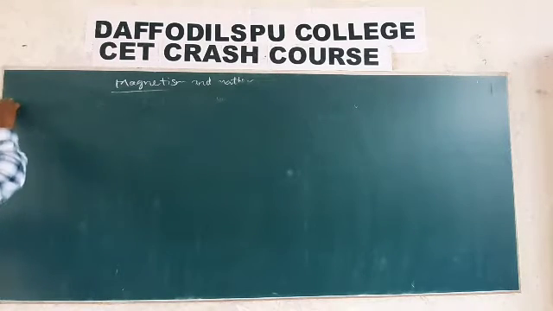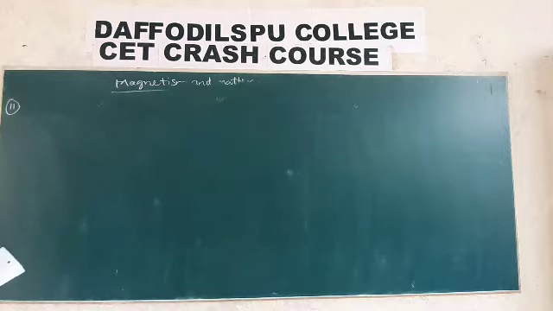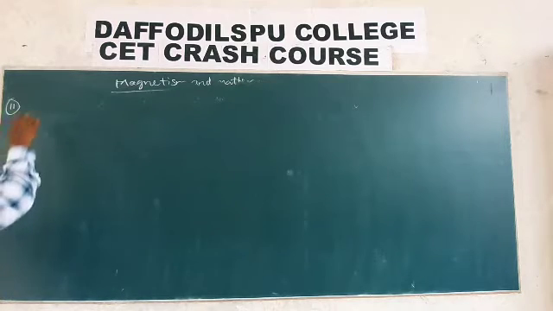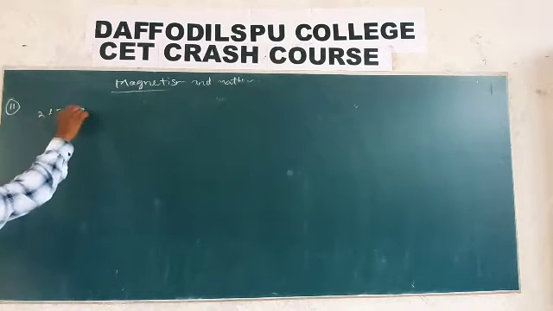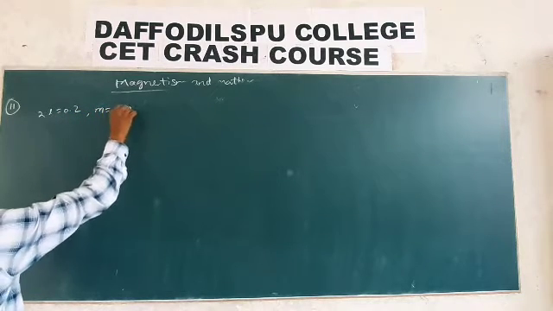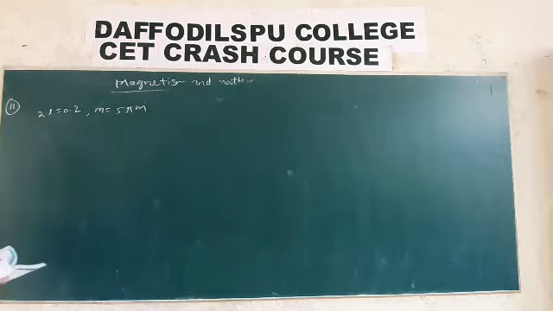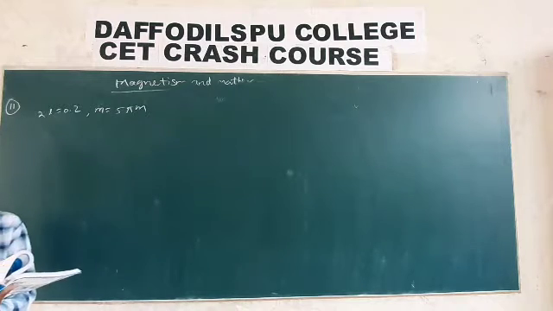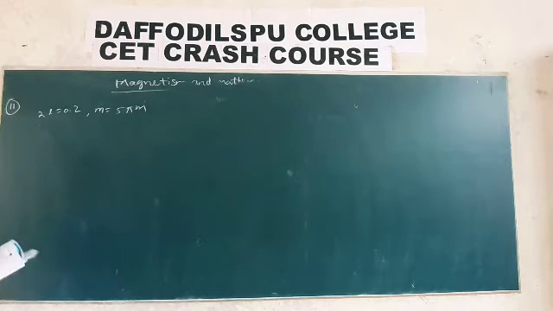But for a short bar magnet, what do we take? For a short bar magnet we neglect this length. B is equal to mu naught by 4 pi, 2m by d cube, so that B is inversely proportional to d cube.